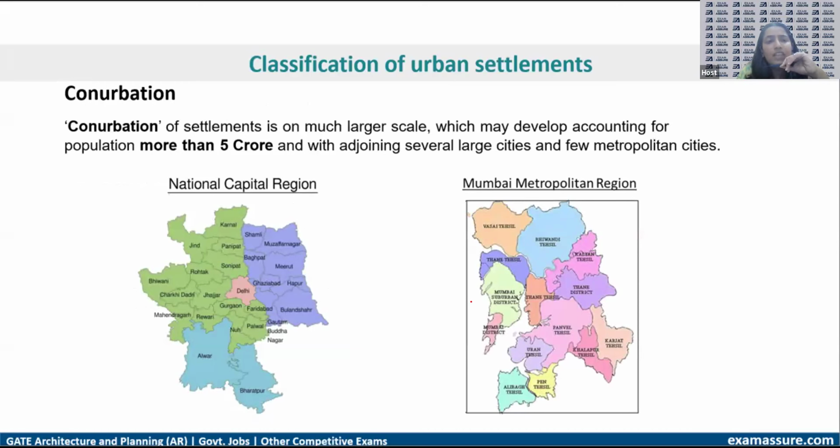As per URDPFI, the population should be more than 5 crore, and then we will consider it a conurbation. So you have examples like the Delhi NCR region, which can be considered a conurbation, and your Mumbai Metropolitan Region, which consists of various districts and various municipal corporations coming together to form that larger region. So I hope the difference between conurbation and urban agglomeration is clear to all of you.